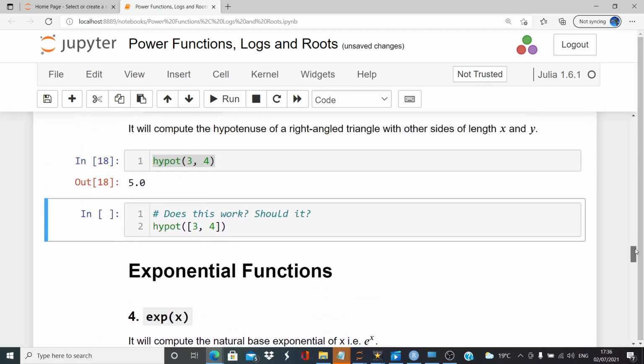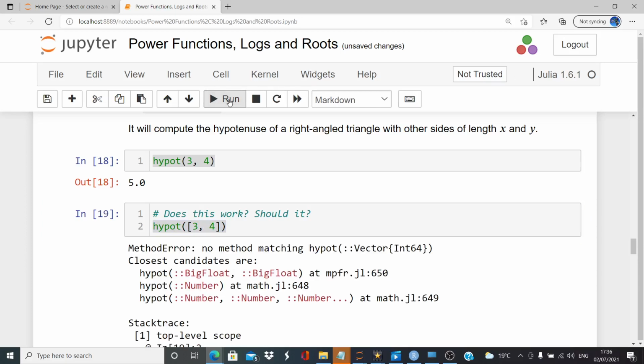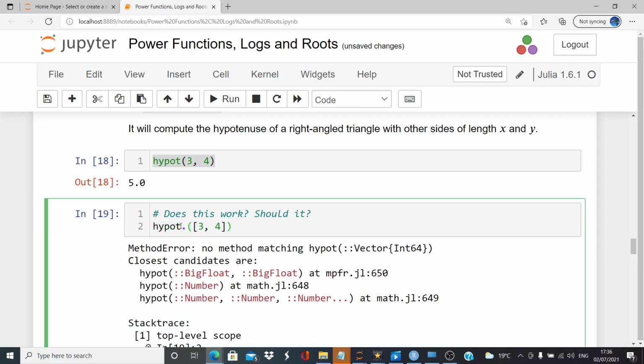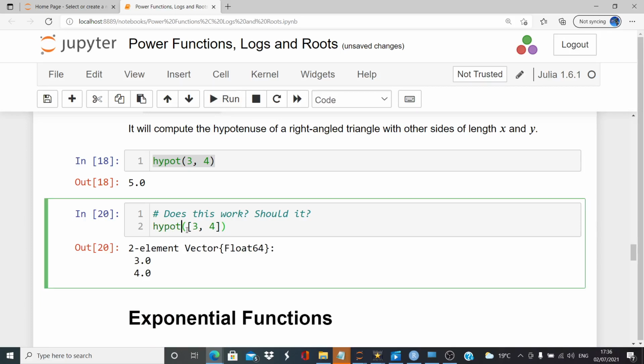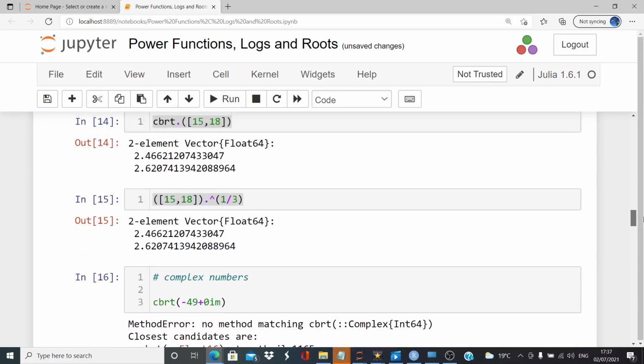Now, does this work? Oh, that doesn't work. We're supplying a vector. Should it? Oh, no, that does not work. The question is, should it work? And the answer is no, that really shouldn't work. Let me go up a second and show you what I mean.